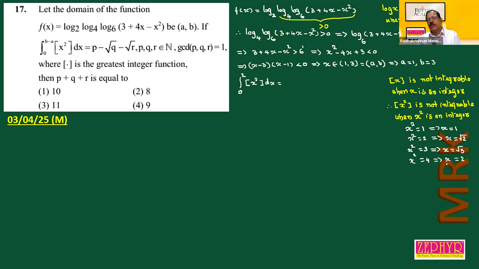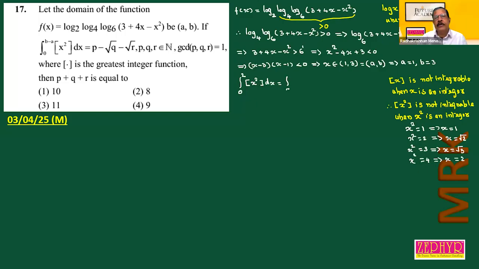ഇപ്പൊ നോക്കൂ, എക്സ് 1 ആവുമ്പോ, എക്സ് √2 ആവുമ്പോ, എക്സ് √3 ആവുമ്പോ, എക്സ് 2 ആവുമ്പോ ഈ വാല്യൂസിനൊക്കെ എക്സ് സ്ക്വയർഡ് ഇന്റിജർ ആവും. ശരിയല്ലേ? അപ്പോ നമ്മൾ you have to split the function at these points. ഏതൊക്കെ പോയിന്റുകളാണ്?